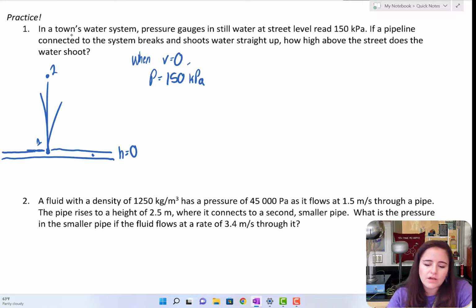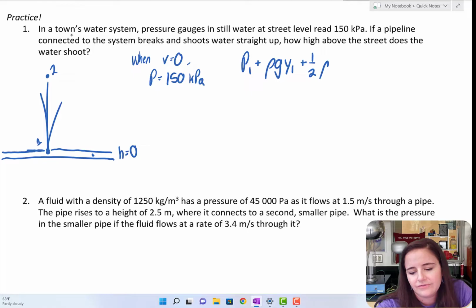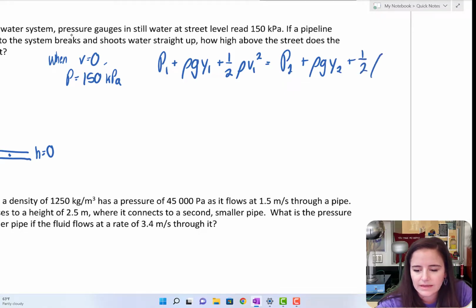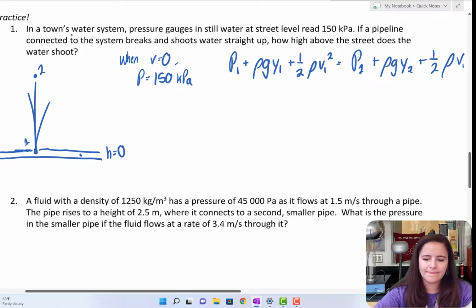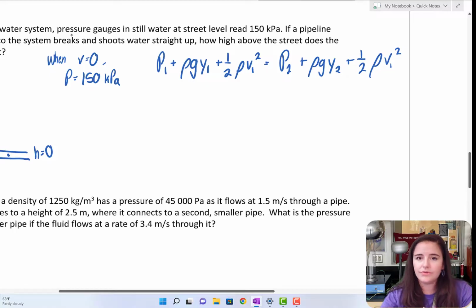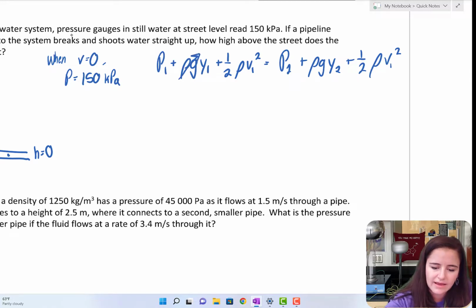Okay, so let's see. We have P1 plus rho g y1 plus 1/2 rho v1 squared equals P2 plus rho g y2 plus 1/2 rho v2 squared. Now, we know that it's still water to start with, so I'm going to set that y as 0.